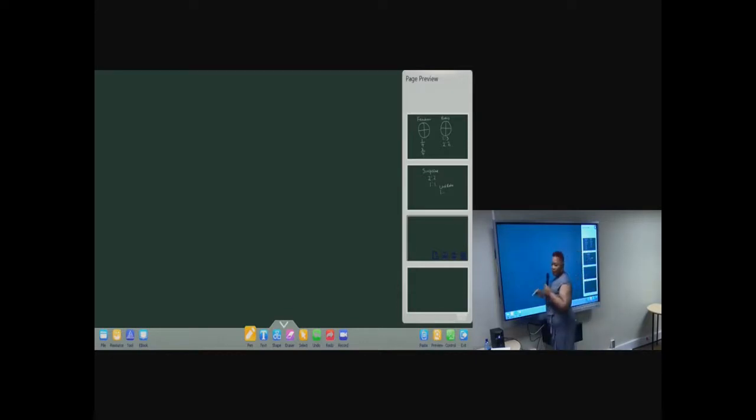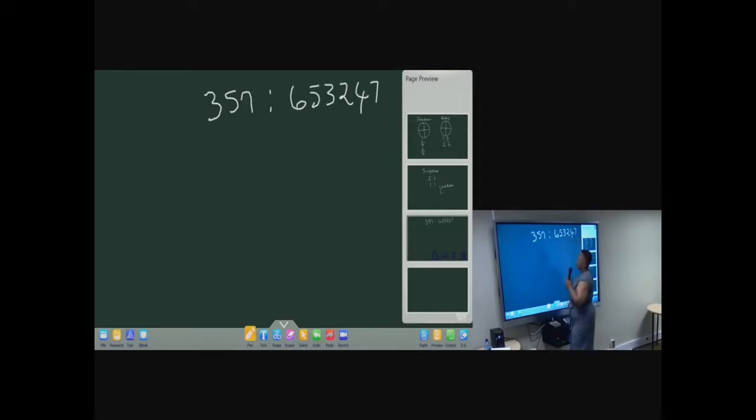Then, going to the unit ratio. In a unit ratio, let's say you have got 357 to 6 532 447. I'm looking at numbers which cannot be divisible.